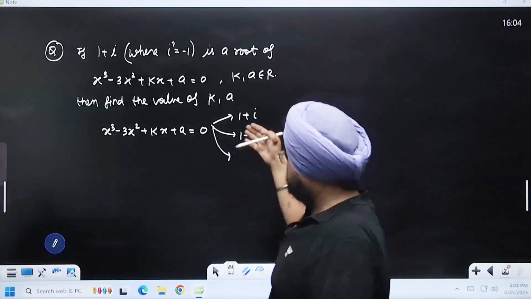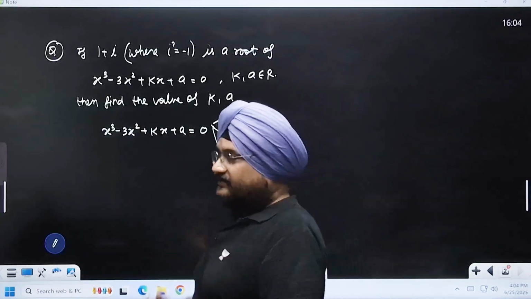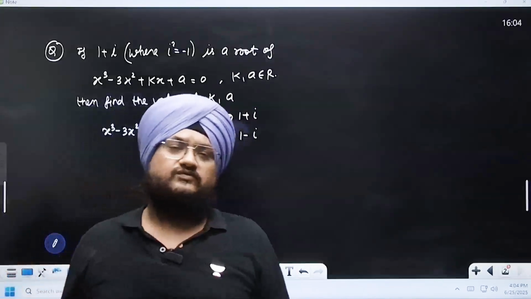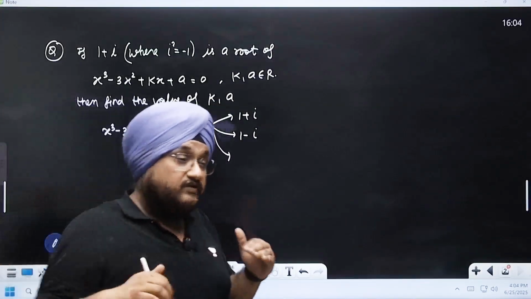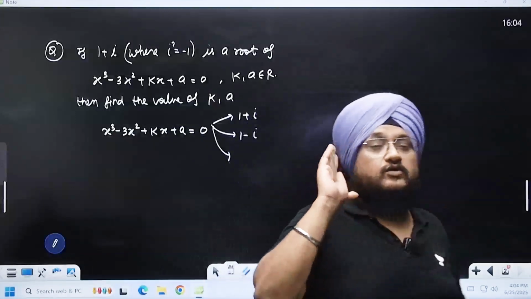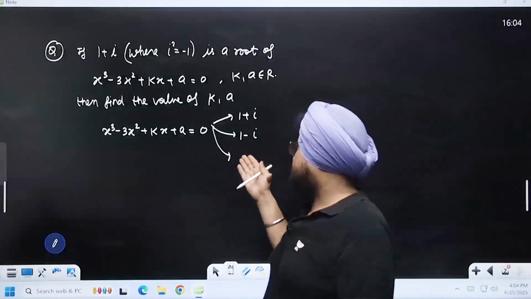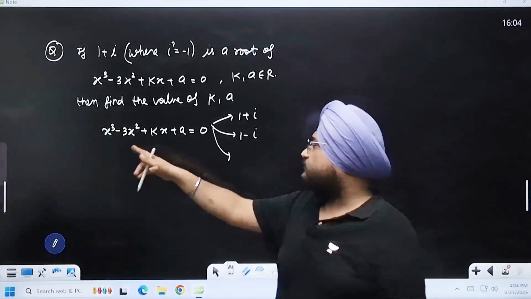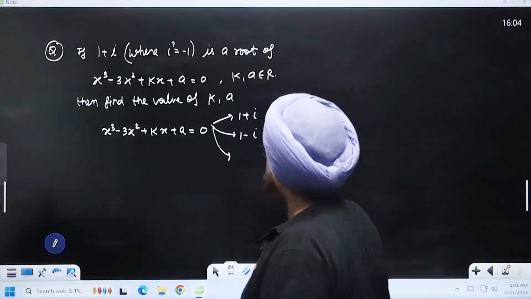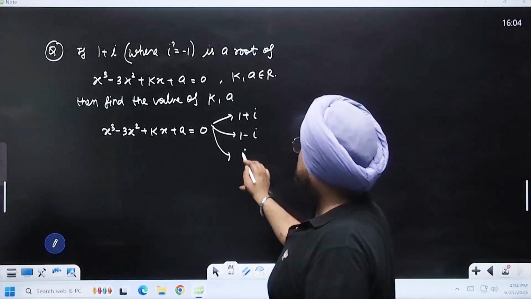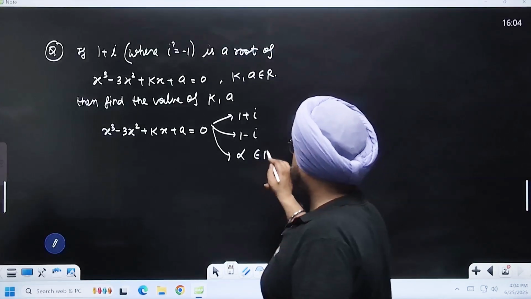Now, the third root of this equation is definitely a real number. Why? Because if it were a non-real number, then its pair must also exist, and we know that a cubic cannot have more than 3 roots. So the other root is alpha, which is a real number.